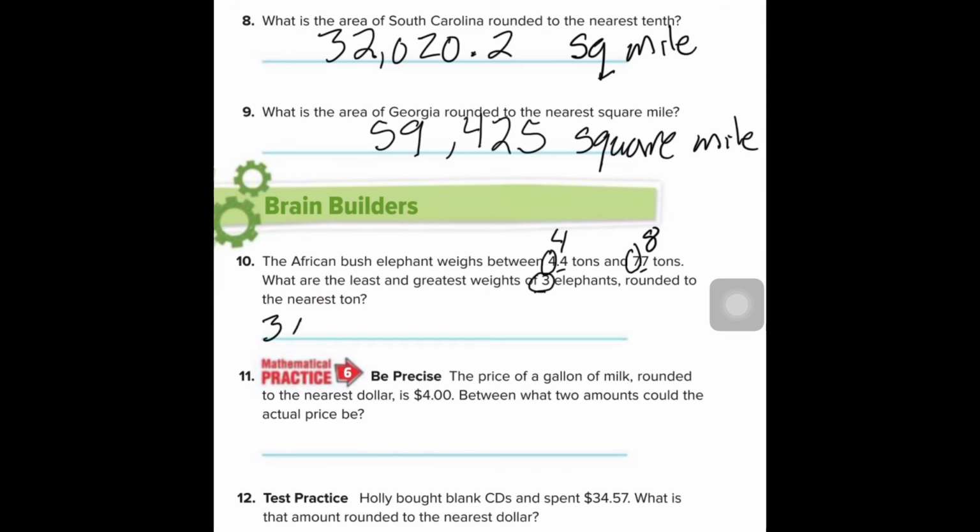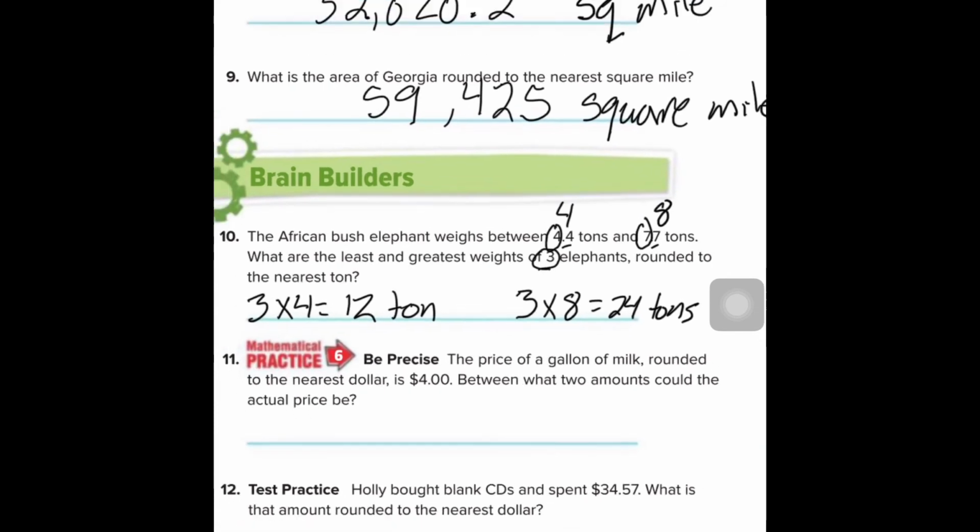So 3 elephants at the smallest weight, which is 4 tons, would be 12 tons. That's the smallest amount all added together. And then 3 elephants at the largest weight, which is 8, would be 24 tons. That is the largest amount the weight of the elephants all combined could be. That's a lot of elephant.